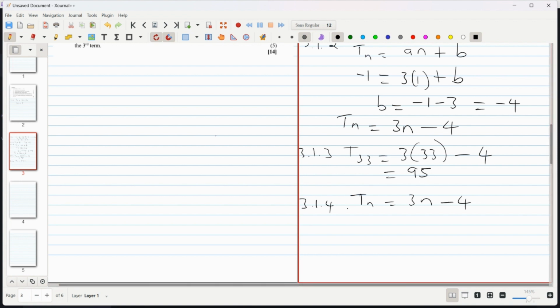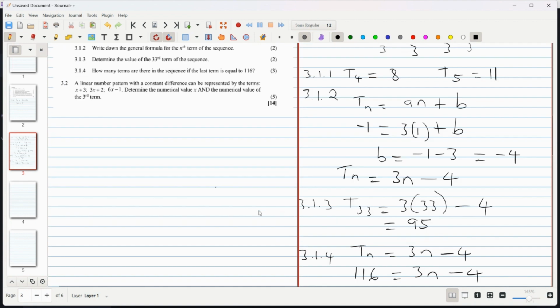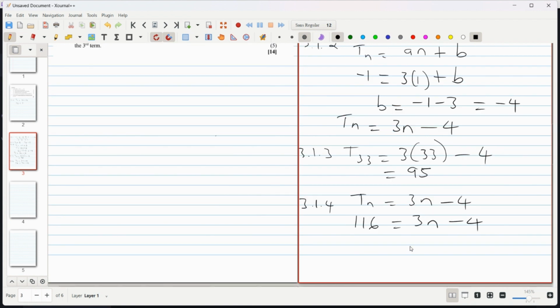The last term we're given is 116, so we need to solve for n to know how many terms our sequence has, because we're given the last term and need the total number of terms in our sequence.